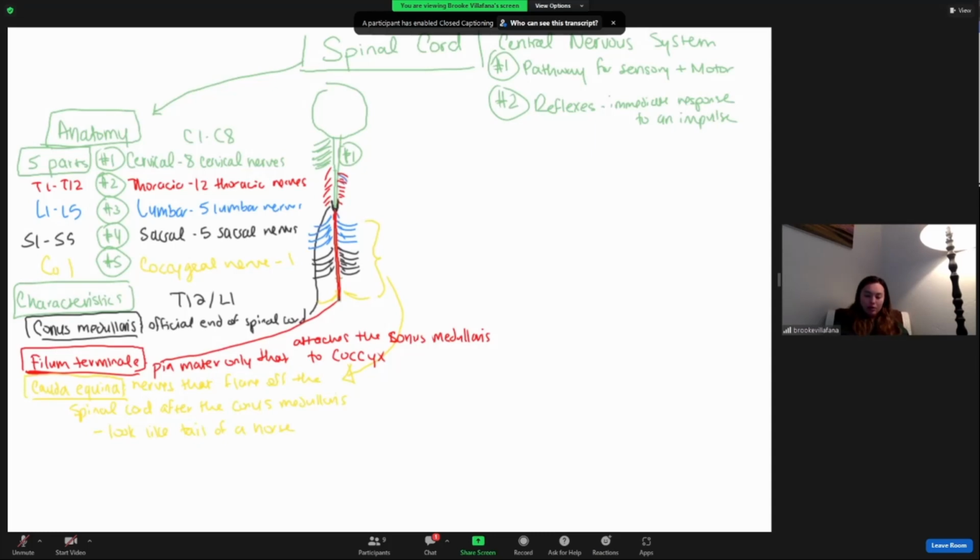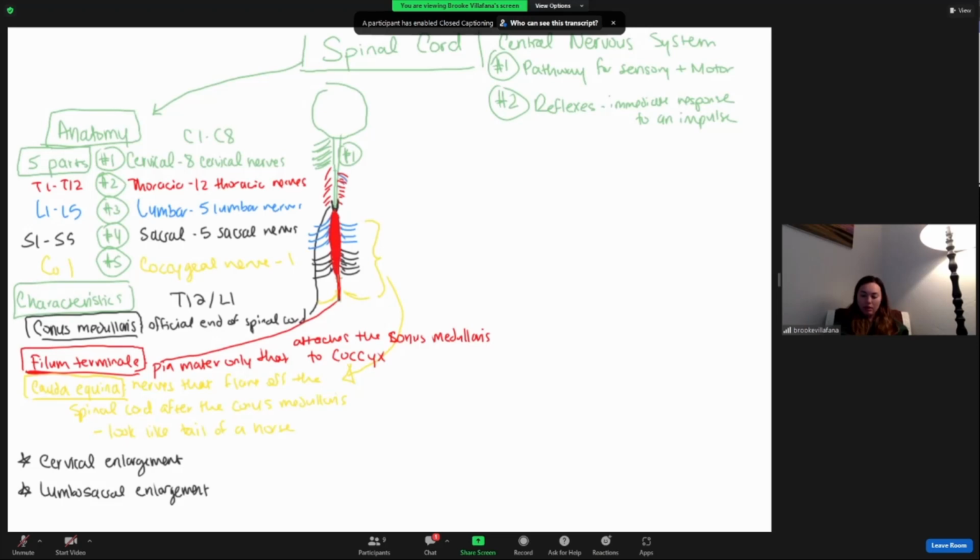All right, more characteristics of the spinal cord. So the spinal cord has a cervical enlargement. This means it is rounded at the cervical part, and then it's also rounded at the lumbosacral part. So lumbosacral enlargement, cervical enlargement. If we drew that, it would get a little puffy or big in the lumbosacral region, right? Kind of like right there.